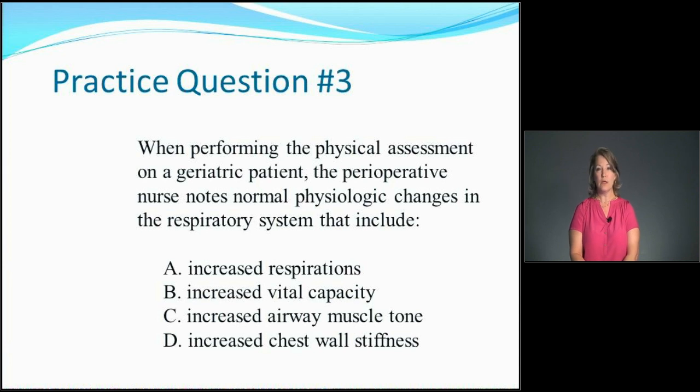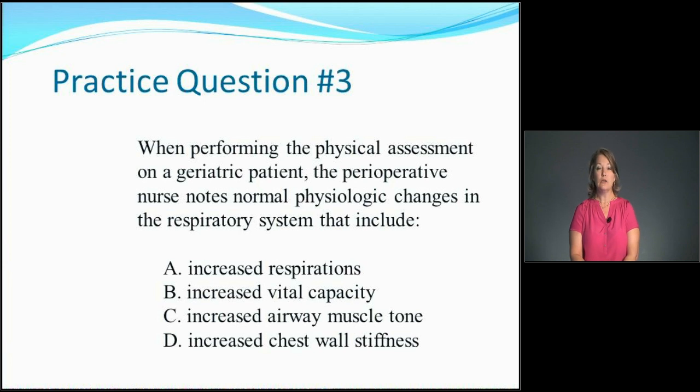So the first time that you're going through the test, if this is not something that you normally would know off the top of your head, mark it and come back to it. Don't waste your time the first time going through the test trying to decipher the information. Because when you come back to it and you have that time to actually spend looking at these responses, I'm thinking you're smart enough that you would get this right away. So let's go through the responses.